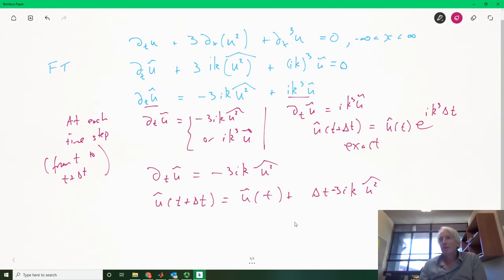So we're just going to use Euler's method. Could be clever about it, but we're not. We're just going to simply time step, and we're going to calculate this thing here using the Fourier transform.